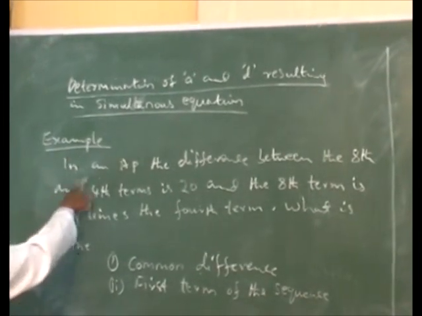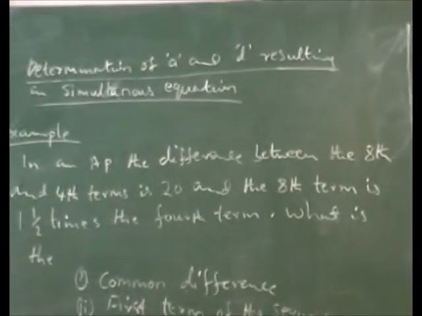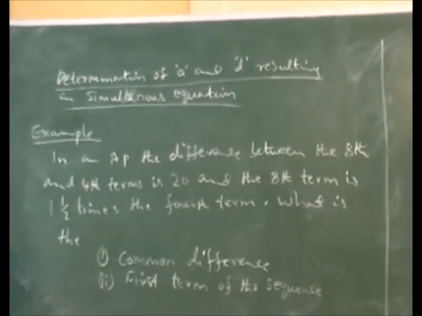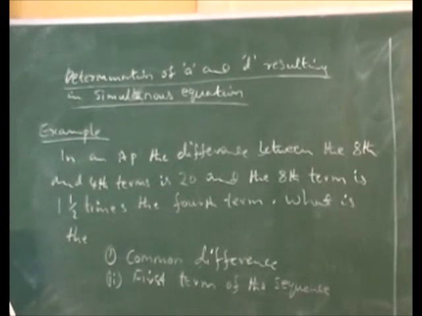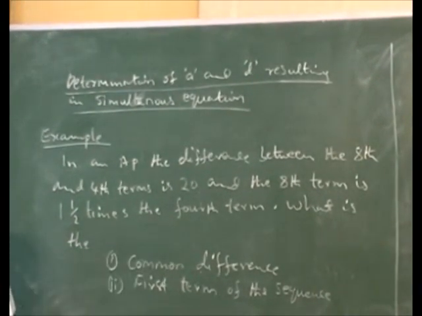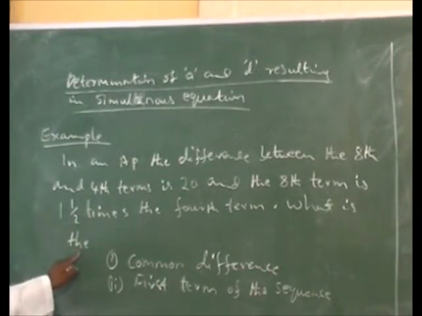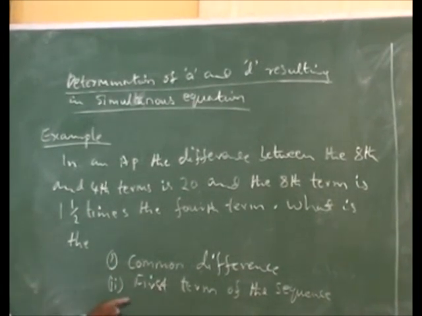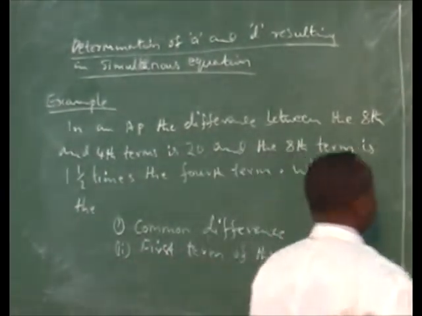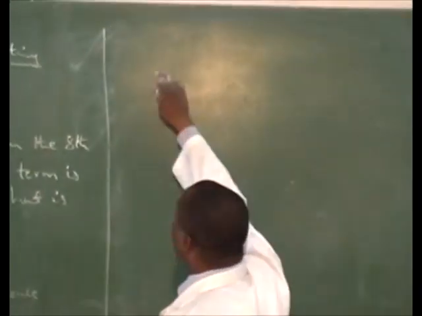Example: in an AP, the difference between the 8th and 4th term is 20, and the 8th term is 1.5 times the 4th term. What are the common difference and the first term of the sequence? So we want to get the first term and also the common difference. Now look at the solution.